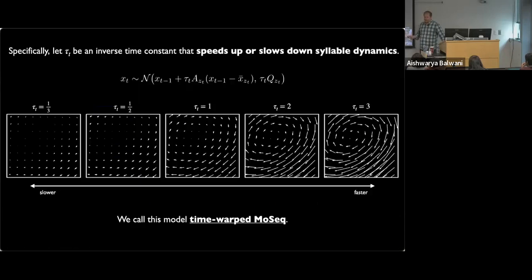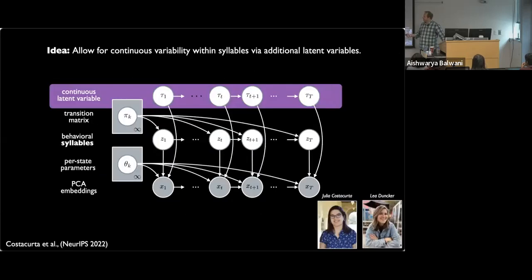Now, the question is, how do you link tau and Z to the dynamics through PCA space? This graphical model doesn't say anything about what the functional form of that relationship is. That's a design choice that we have to make.